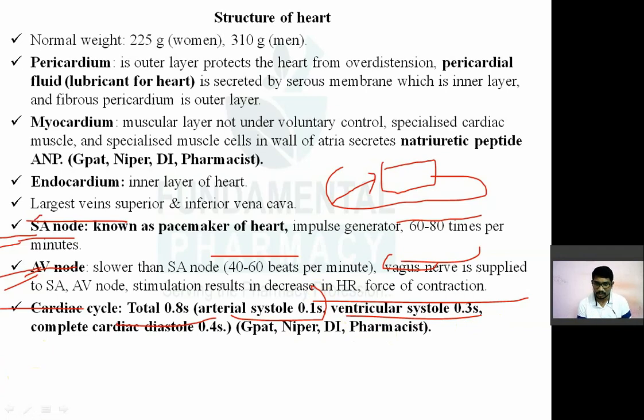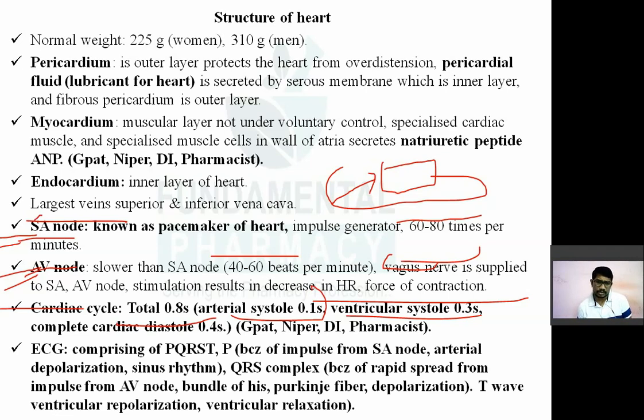So atrial systole means atrial contraction, ventricular systole means ventricular contraction, and ventricular diastole means ventricular relaxation. Complete cardiac diastole is 0.4 second. So remember the cardiac cycle is 0.8 second. Out of that, atrial systole is 0.1 second, ventricular systole is 0.3 second, and complete cardiac diastole is 0.4 second. A question on this has come in GPAT 2019.